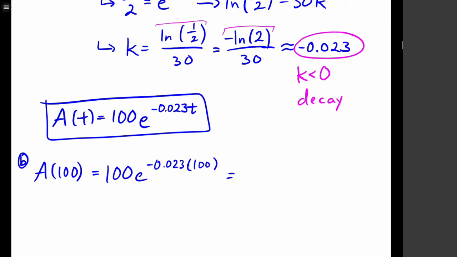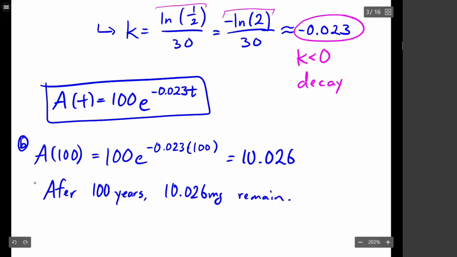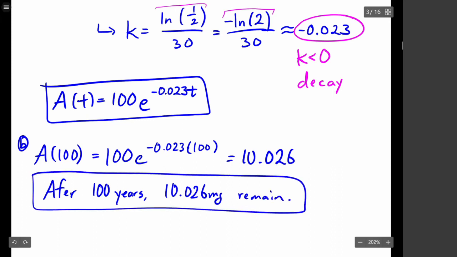There we go. And then we multiply that by 100. Right, so that's about 10.026. Okay, so this says that after 100 years, 10.026 milligrams remain.